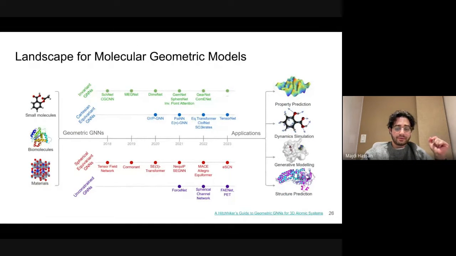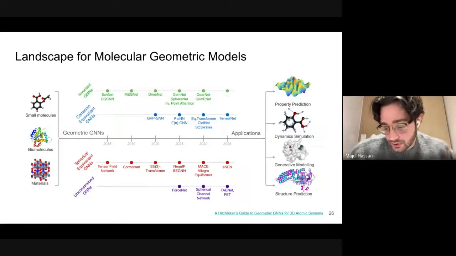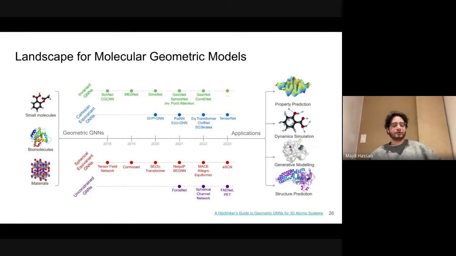And it's been pretty cool. There was this recent work, by some folks from Mila and I believe Cambridge, a hitchhiker's guide to geometric GNNs for 3D atomic systems, where they cover different molecular systems like small molecules, biomolecules, and materials.